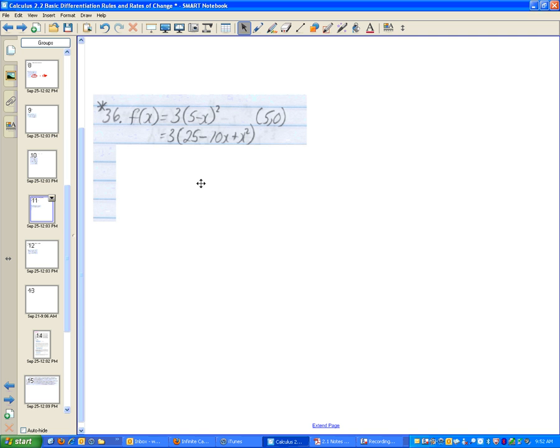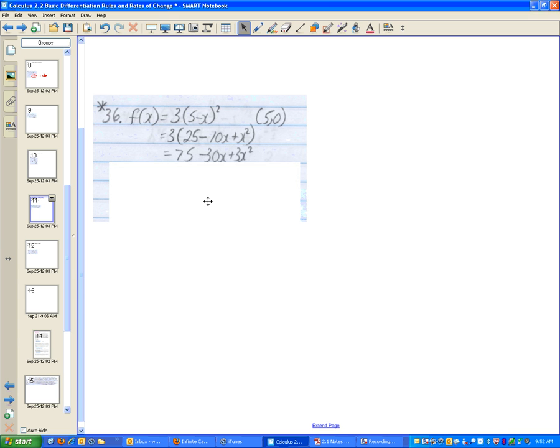Now, distribute the 3. So look, I've done no calculus. That's still f of x. That's not f prime of x. I've rewritten f of x into a form where I can take the derivative of a constant, then use the constant multiple rule on the negative 30x, and then the combination rule on the 3x squared.